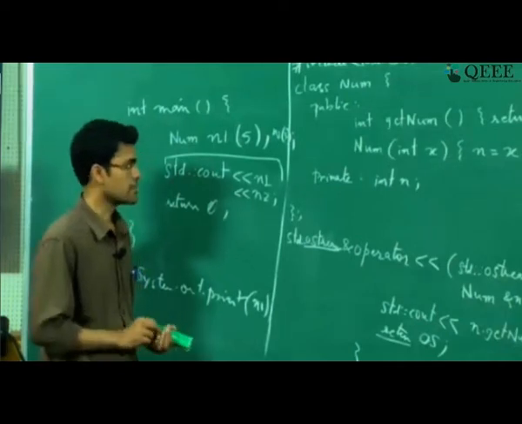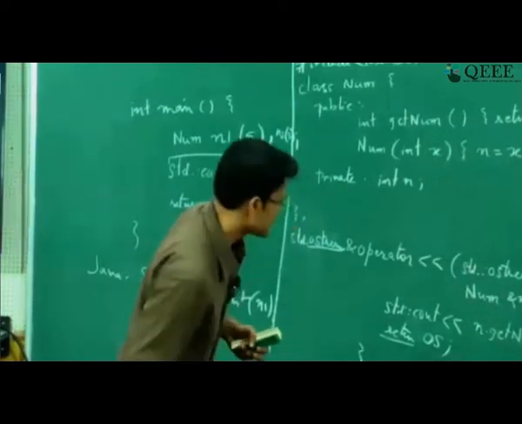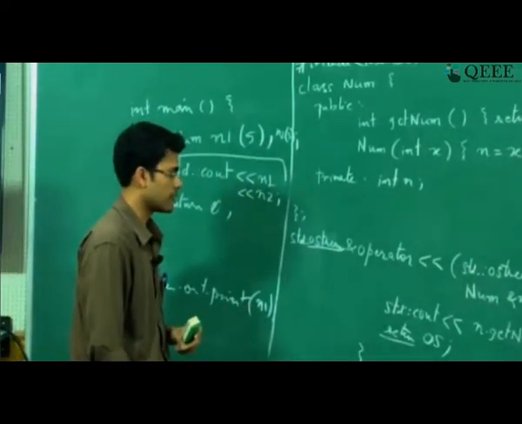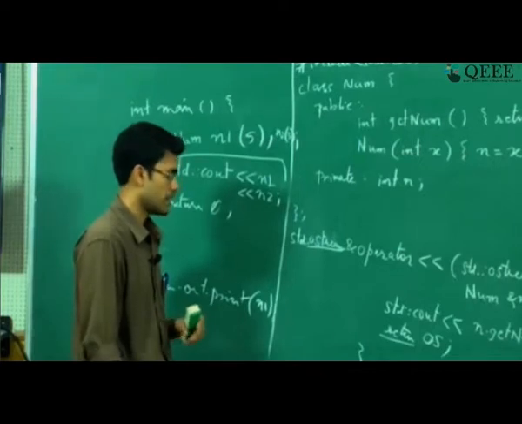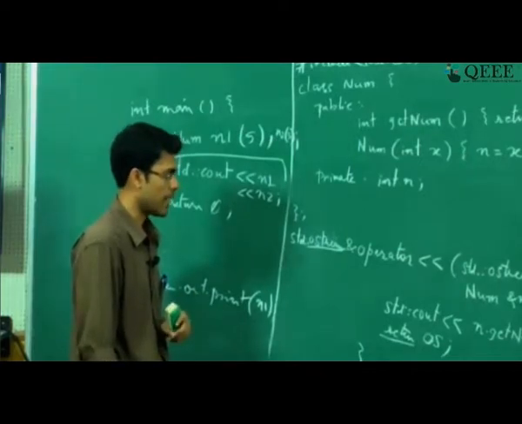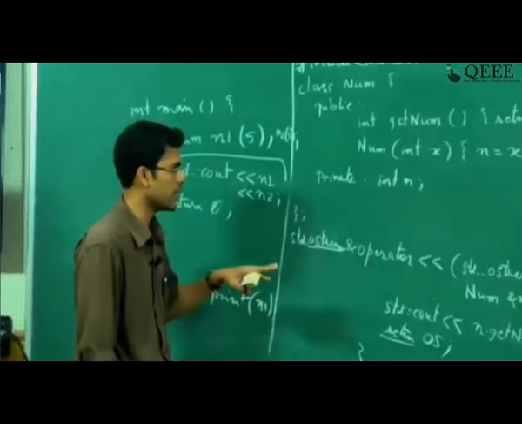Alright, so this particular aspect of C++, the left shift operator that we overloaded for input and output, in this case specifically the output, used a specific concept, and that was probably used very implicitly.